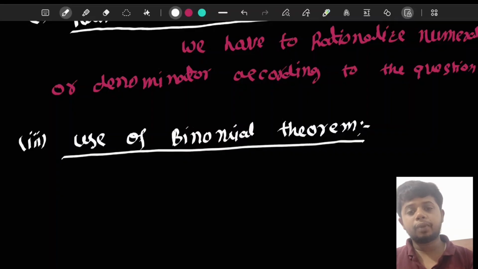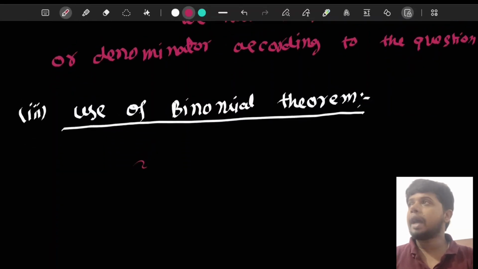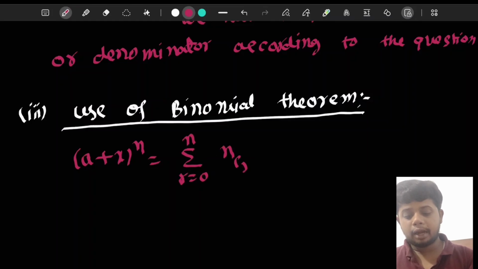Later, when I discuss Taylor series expansion and others, I will give you more expansions. For example, if we have (a plus x) power n, everyone knows that it is the summation of r equal to 0 to n, nCr a power of n minus r and x power of r. So this is the binomial theorem we know.